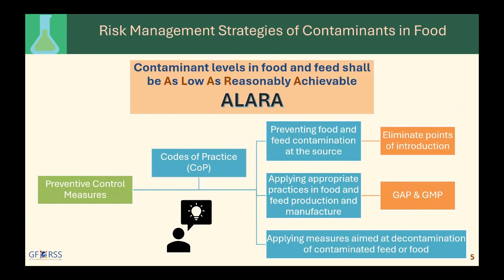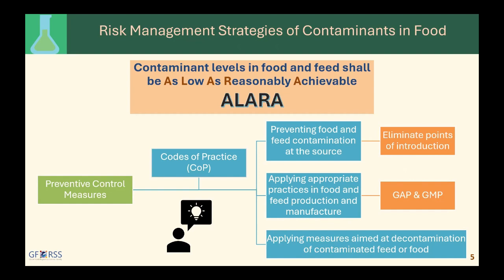And besides maximum levels, so CCCF adopts provisions as maximum levels, but they have another very important standard they develop, which is... when you connect to the page of CCCF, you have the general standard for contaminants and toxins in food and feed.